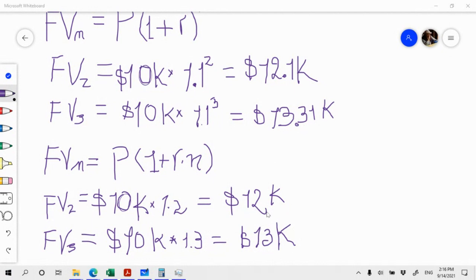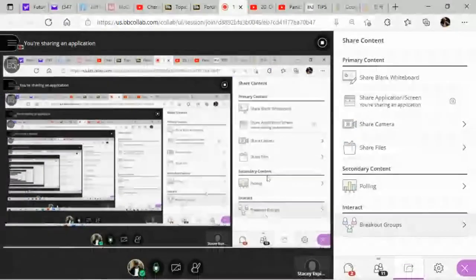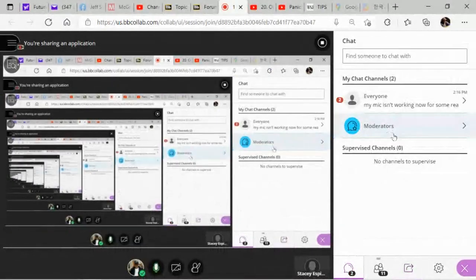Who would prefer to have 12K over 12.1K? Goes without saying, if you're an investor, you want the compound interest rate. Okay? Who gave me that answer? Stacy. Okay, Stacy, I'll give you 0.25 for that. So the answer is obvious, compound interest rate is preferred.